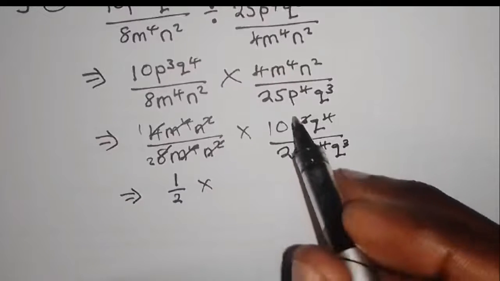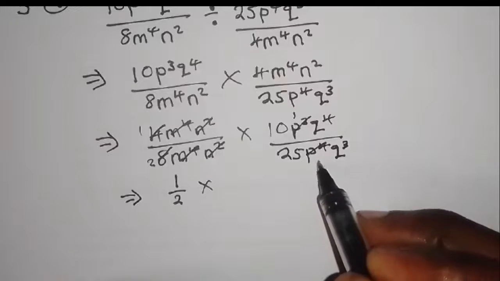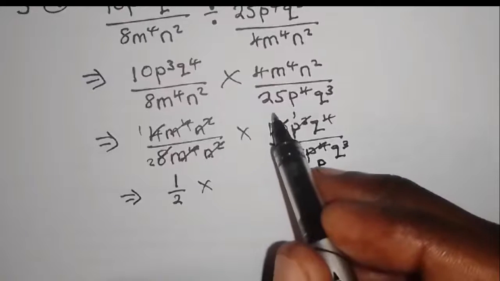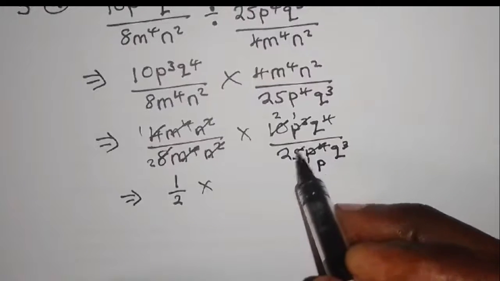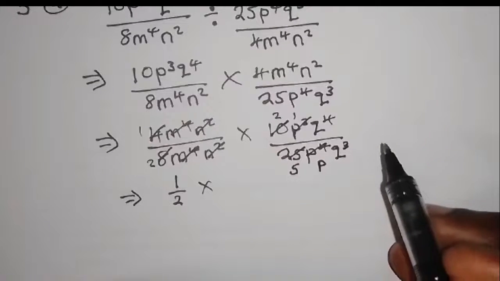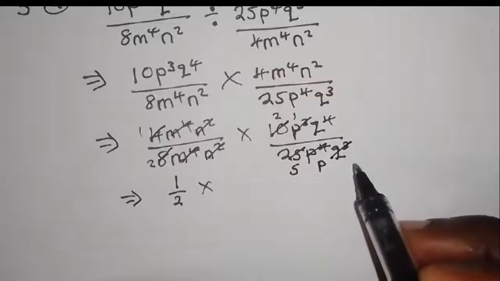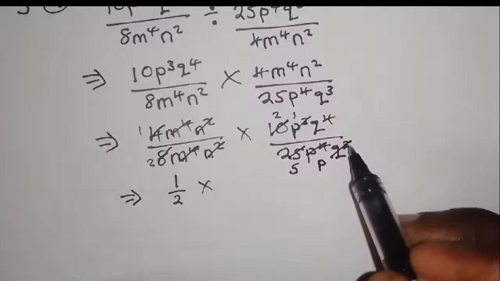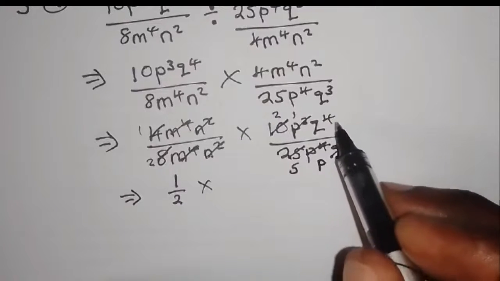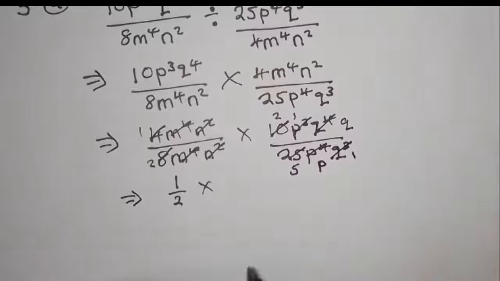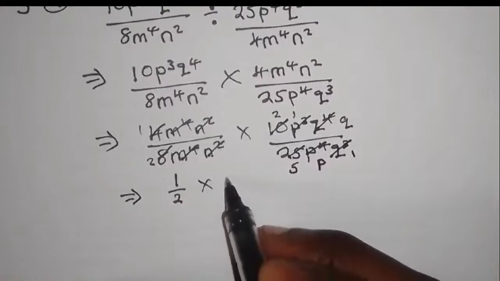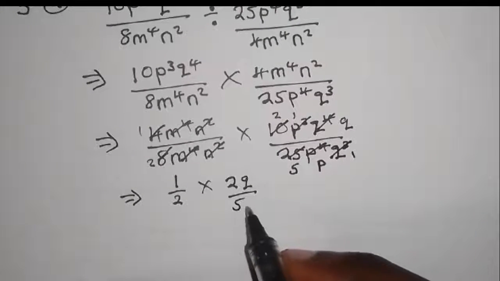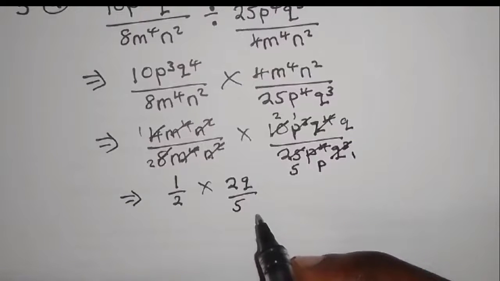So this goes, it's 1, then there remains p. And then 5 here is just 2, then 5 here is just 5. And this q to the power 3 goes, so it's just 1 there. And then this q to the power 3 into this, you remain with just q. So we are just remaining with 2q over 5, over 5p.